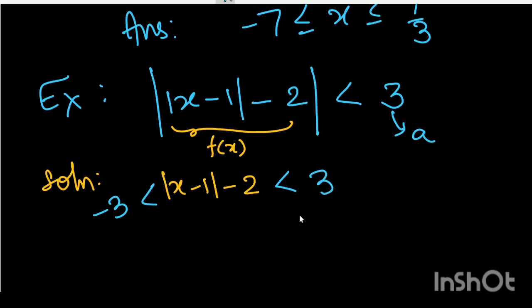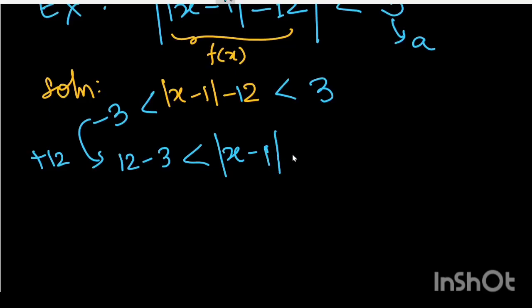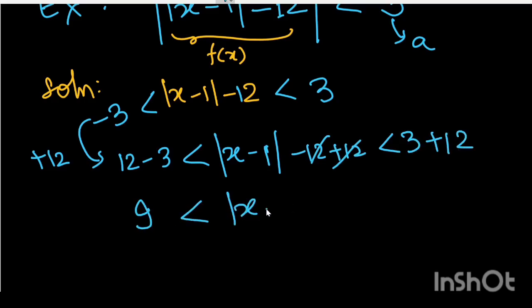Okay, so let's say this is 12. Now adding 12 on both sides, 12 minus 3 mod x minus 1, minus 12 plus 12 cancels out, 3 plus 12, this becomes 9 less than mod x minus 1 less than 15.